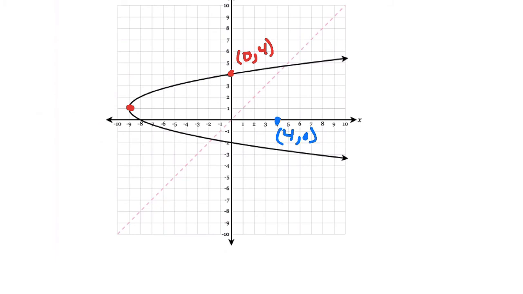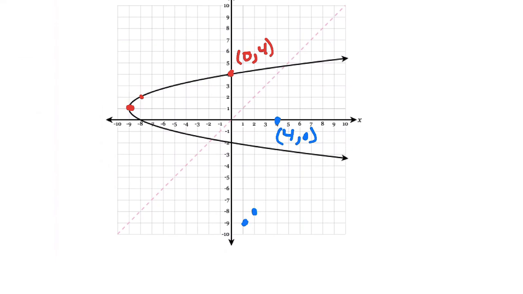If I plot the point (1, -9), I'd be down here, down something like that. If I plot this point right here, that point is (-8, 2). So if I plot the point (2, -8), I'd be right there.